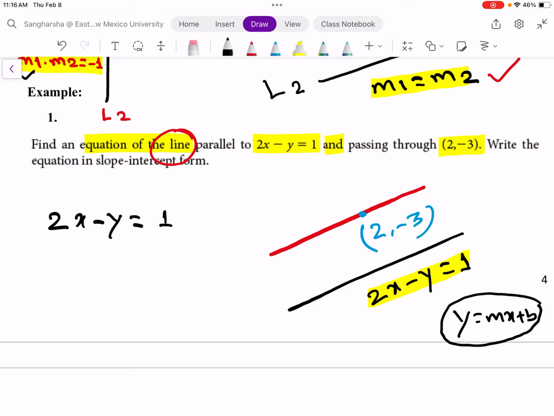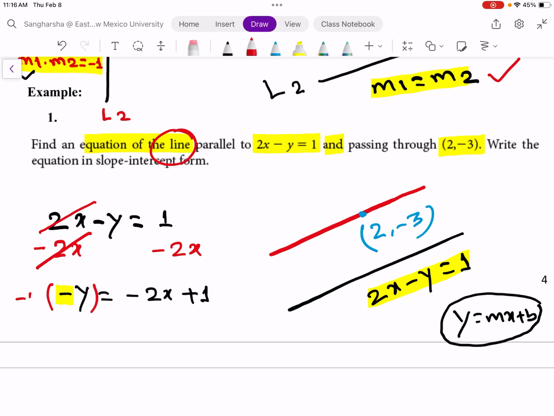Now let's get rid of positive 2x. So we subtract 2x on both sides. Positive 2x and negative 2x cancel. So we have negative y equals negative 2x plus 1. We still have a negative in the front. We need to get rid of this negative in the front, so we multiply both sides by negative 1.